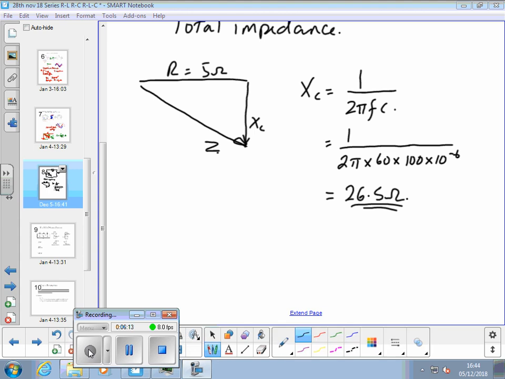So, having found XC, how can we find Z? By what method?